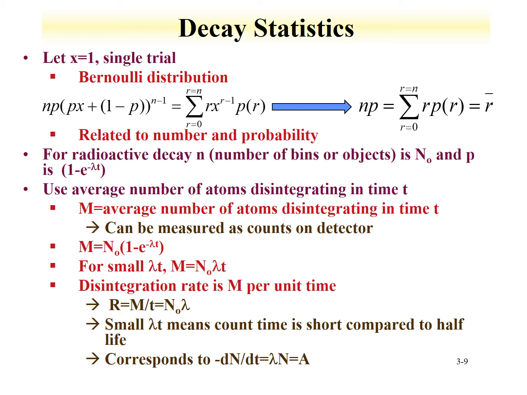And if the disintegration rate is in unit time, the rate is equal to m divided by time. So we take the time out of this side of the equation, and it's just the number of initial atoms times lambda. So a small lambda t means that the count time is short compared to the half-life, and this corresponds to the equation that we had discussed earlier, where activity equals lambda N.